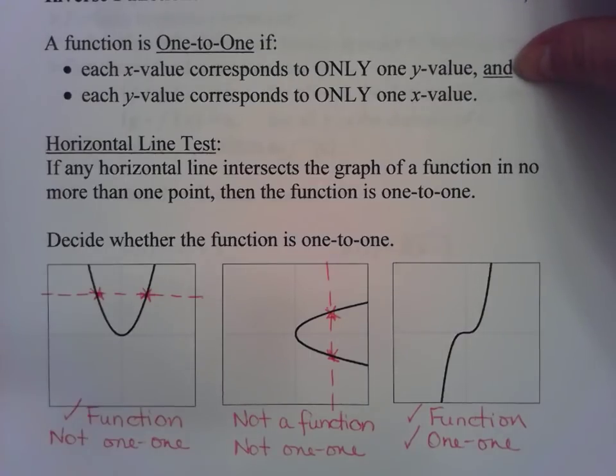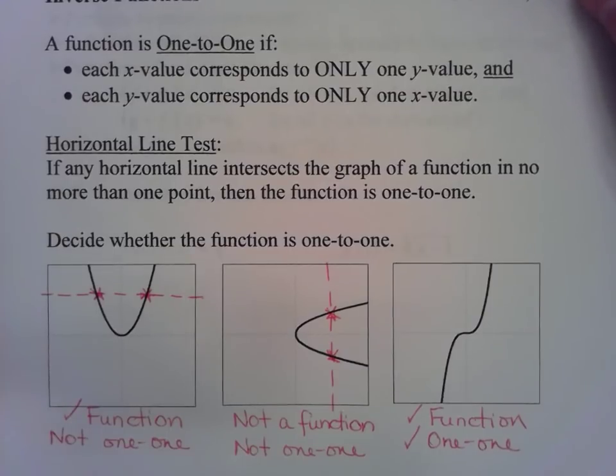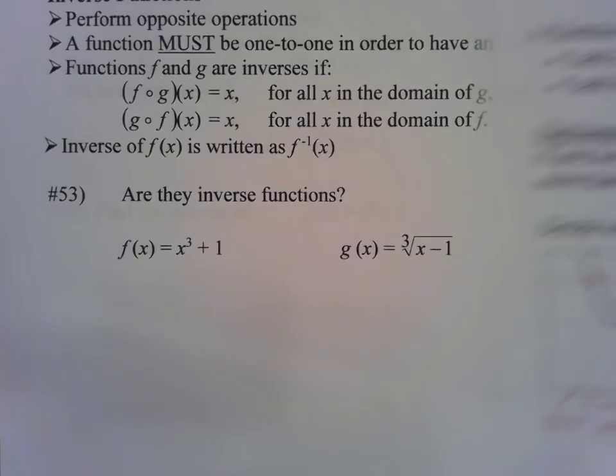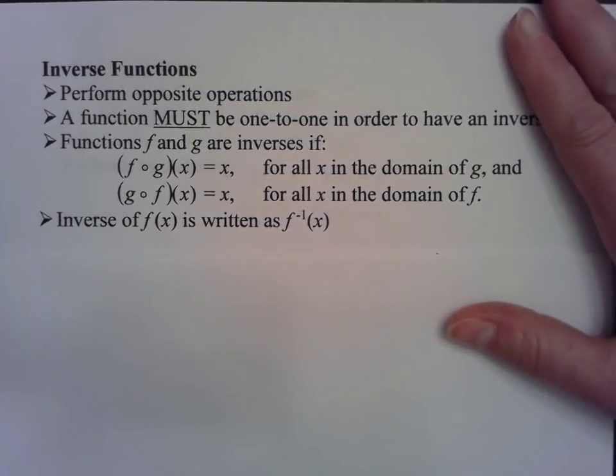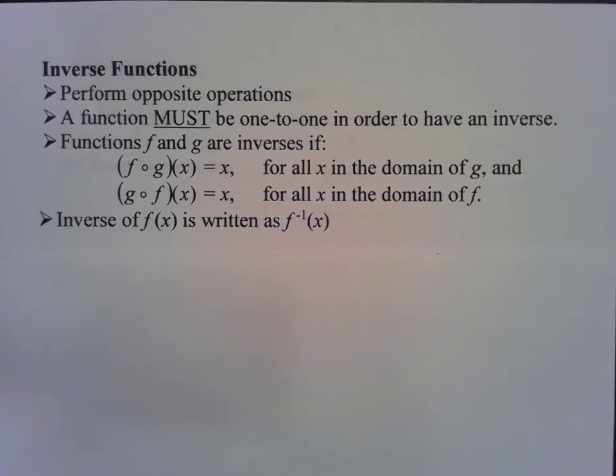Okay, so now that we've talked about what it means for a function to be one-to-one, that's a criteria for finding an inverse function. So now let's look at inverse functions. Okay, so what are inverse functions? Inverse functions are two functions that perform opposite operations.